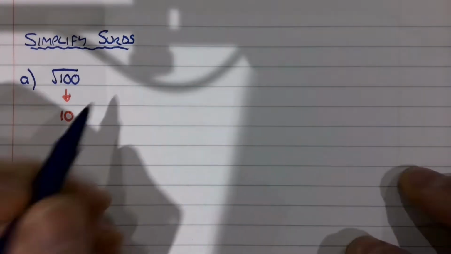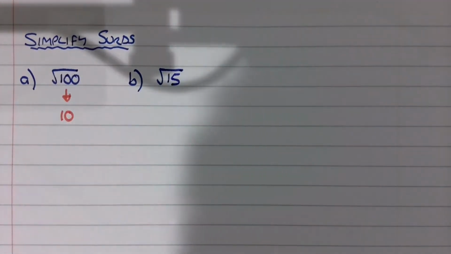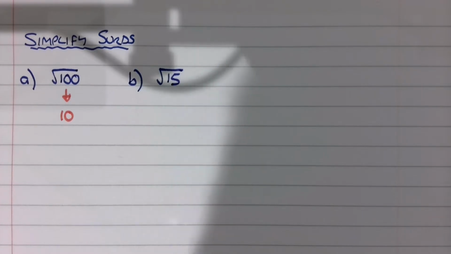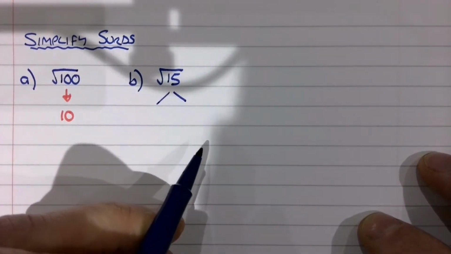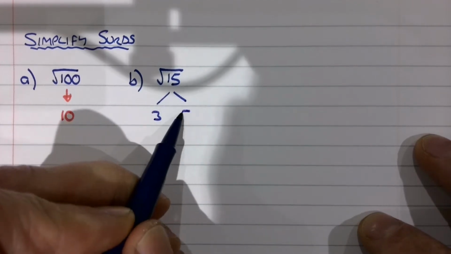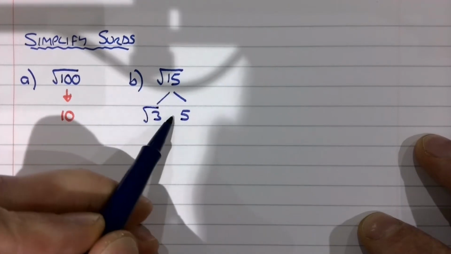So if we have a look at another example, where we want to simplify the square root of 15, we're going to use a technique that's very similar to prime factor trees, but I guess it's going to be like a prime surd tree. We break up the 15 into 2 branches, so we need 2 numbers that multiply to 15, so it's going to be 3 and 5, but because it's the square root of 15, it's the square root of 3 and the square root of 5.